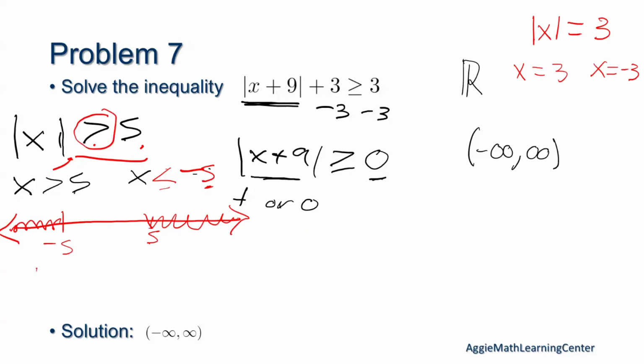So in this case, you do -infinity to -5, and then the union 5 to infinity. So this means or. So this or this, because it can't be this and this. Does that kind of answer your question? Yeah. Okay. Any other questions on these? Perfect.